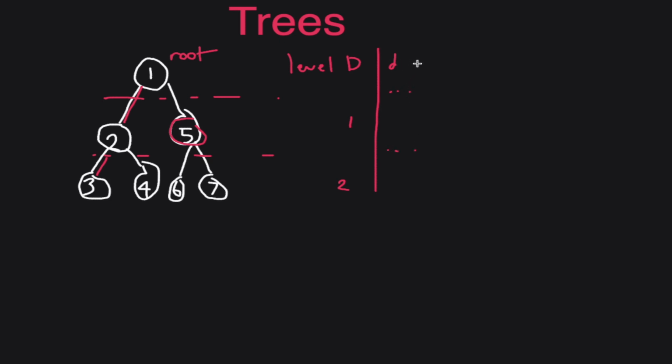Obviously we're already at the root, so it has a depth of 0. Then here we have a depth of 1, since there's one edge from the root, and here a depth of 2.